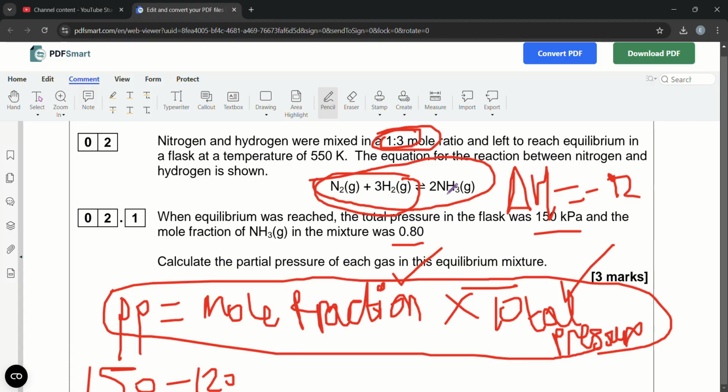If it's negative, therefore the forward reaction is exothermic. Therefore, if we increase the temperature, equilibrium is going to shift left hand side to oppose increase in temperature, this is the endothermic, so it's going to shift to the left hand side to oppose increase in temperature. Therefore, there's going to be more reactants over products.